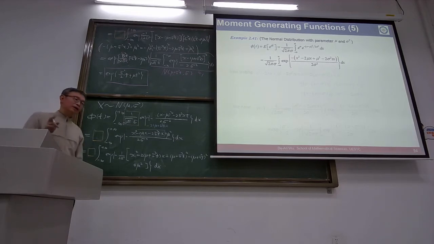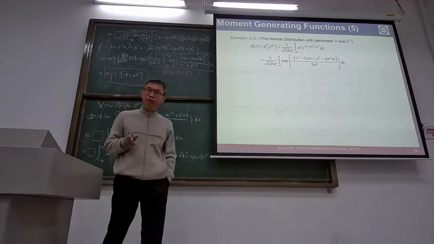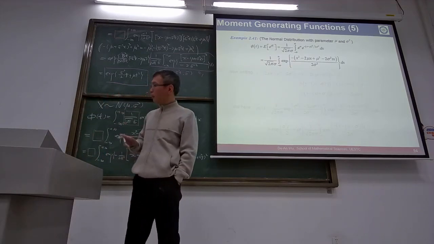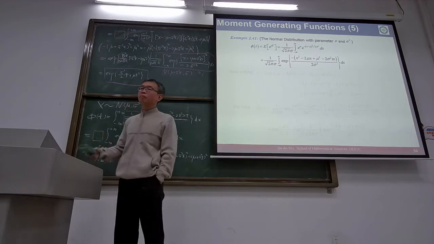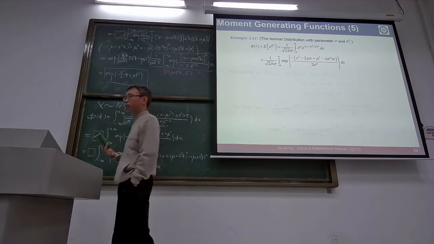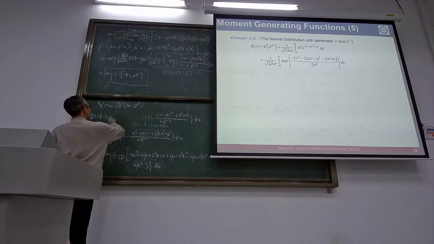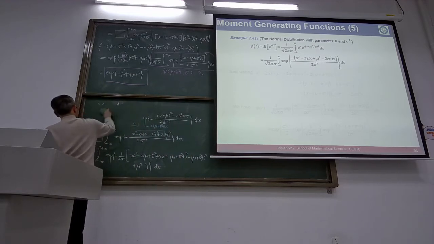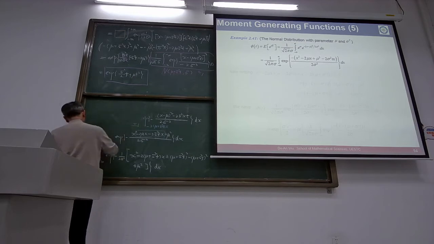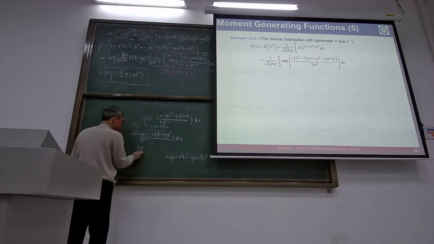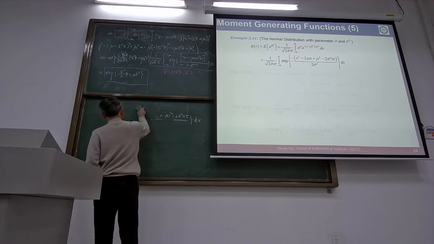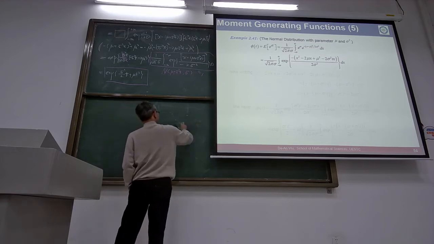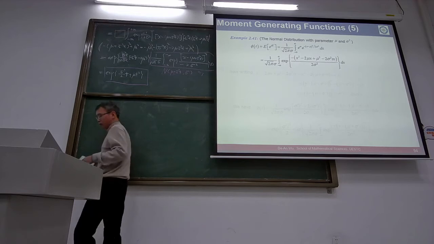I think that question was the most difficult for you. But if we know the moment generating function, this question becomes easy. I will show you how to use the moment generating function of the normal distribution to find the expectation and the variance.